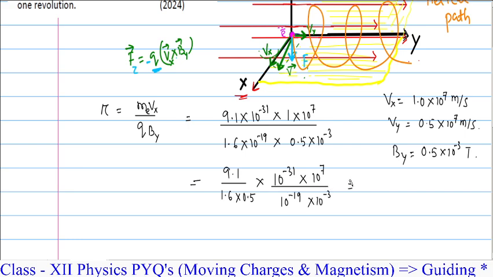Clear? So 9.1 upon, we can say it will be 91 upon 16.